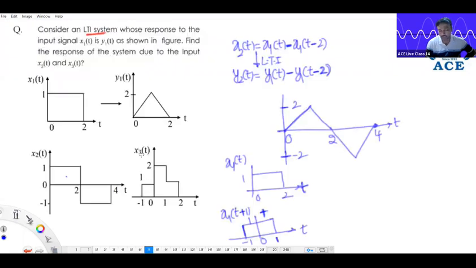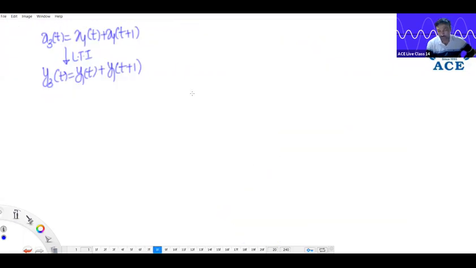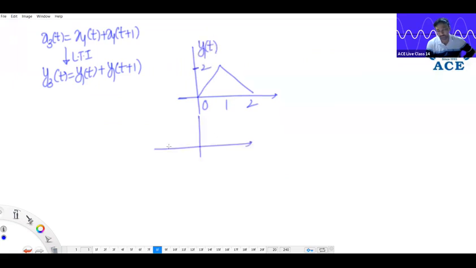We should add two triangles now. y1(t) triangle covers from 0 to 2. y1(t+1) covers from -1 to 1. The sum of these two is the resultant graph.